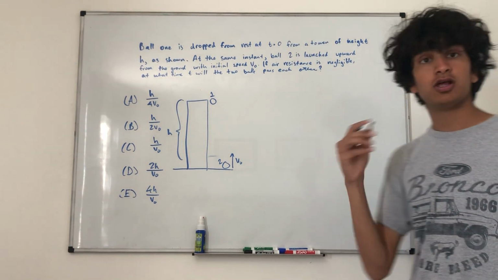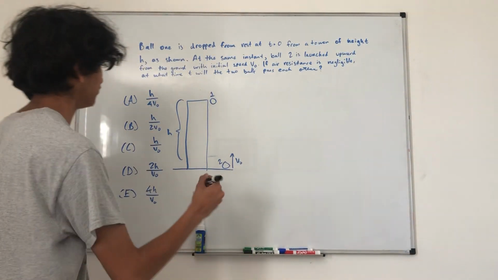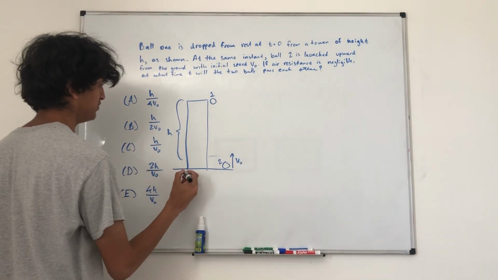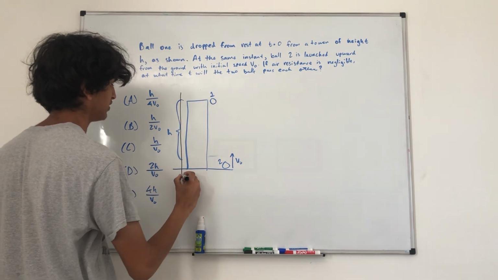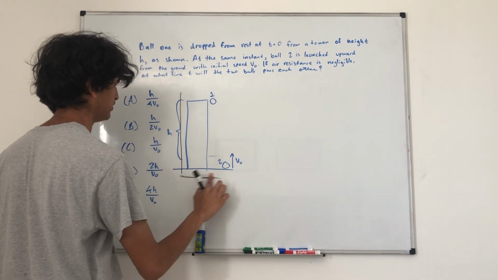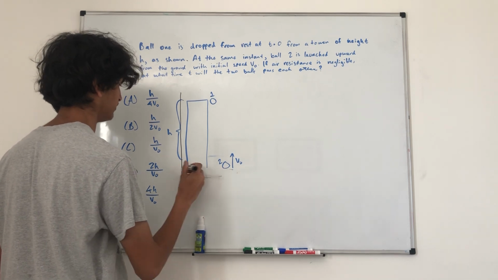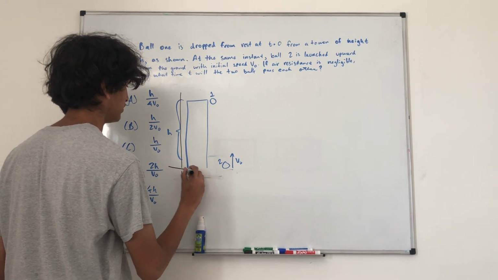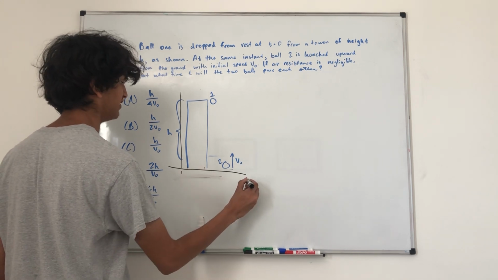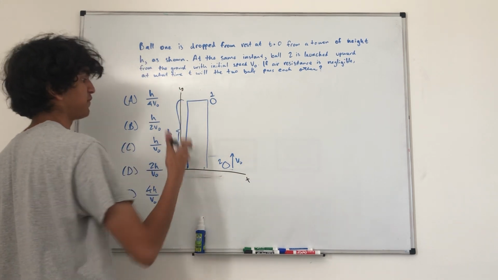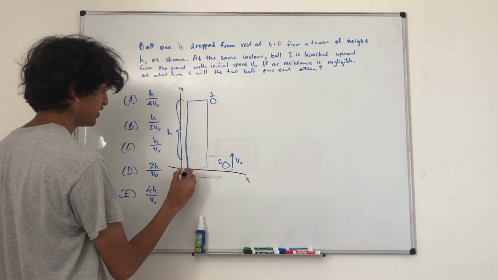Because if we think about a coordinate system, if this is x and this is the y direction, we're primarily focused on the y direction, and this is our origin.